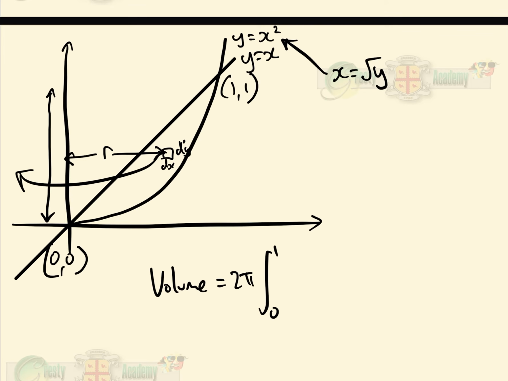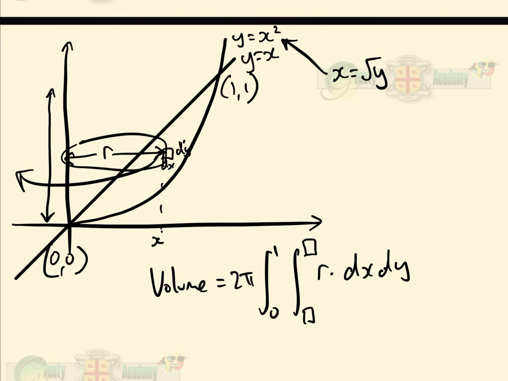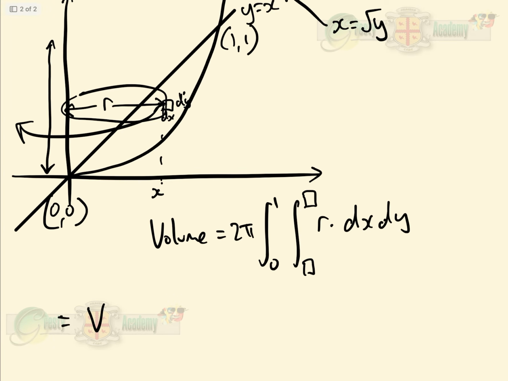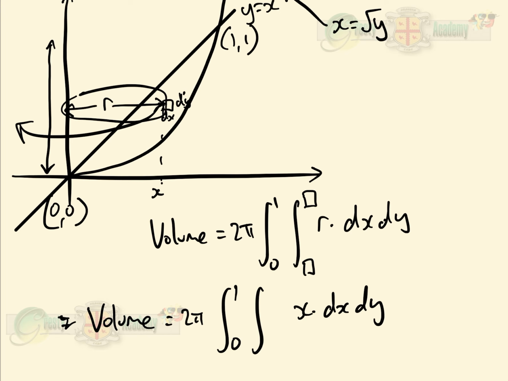So therefore, the limits of the y are easy. Let's just leave for the second the limits of the x. And it's going to be r dx dy, because we're going to do the dx integral first. And r, in this case here, is clearly x, because this is the point x here. So the volume equals 2 pi, integral between 1 and 0, integral, we'll leave those limits for a sec, x dx dy.